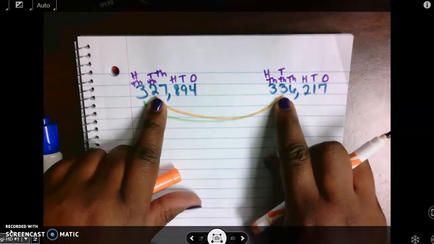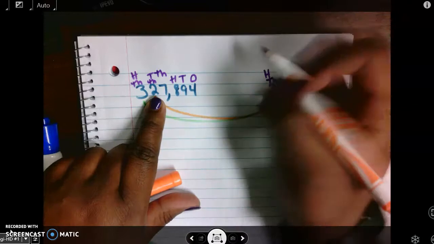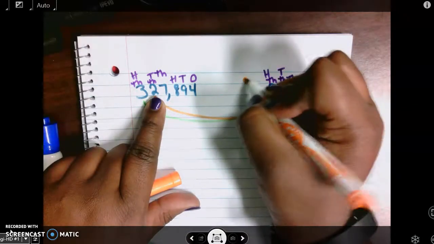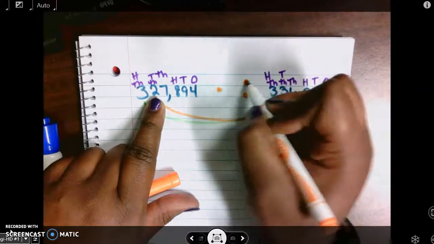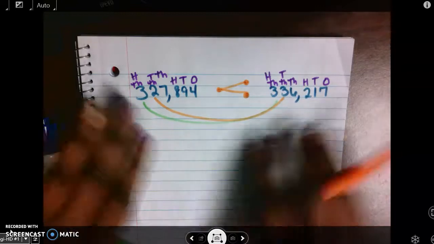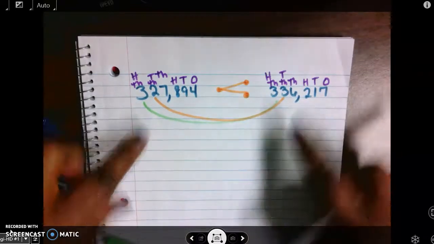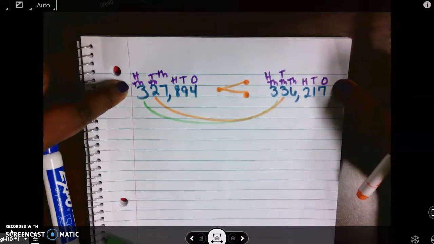I can compare. Which is larger, 3 or 2? Well, I know that 3 is larger. So I'm going to give this number 2 dots and this number 1 dot, and then I can connect my dots. Instead of me drawing out a place value chart, I still labeled my place value to help me get to the correct place value, make sure I'm there.